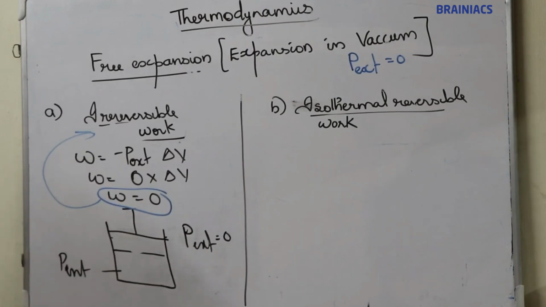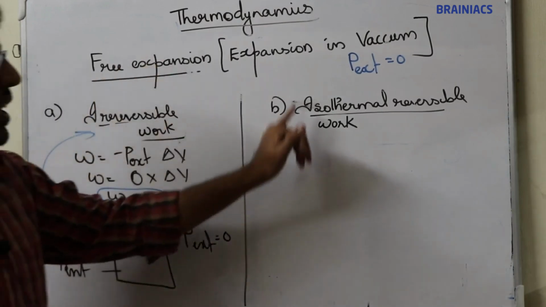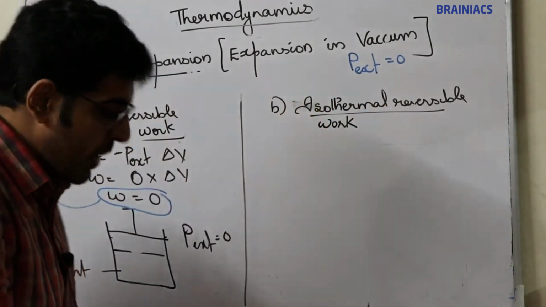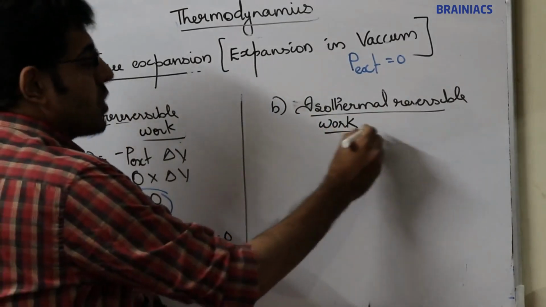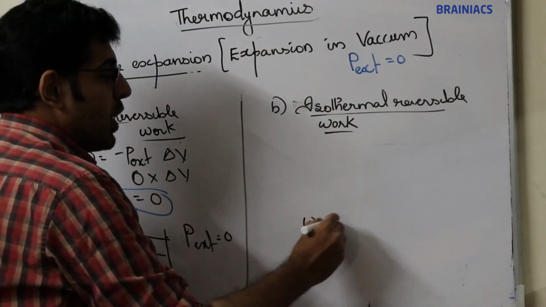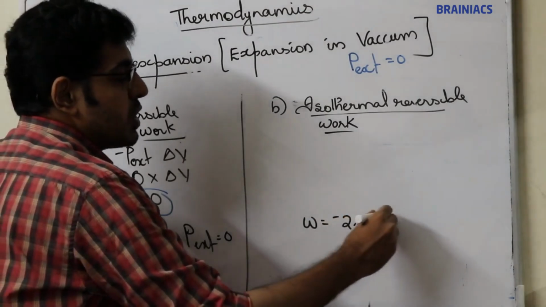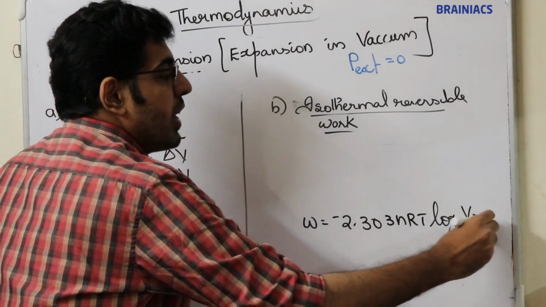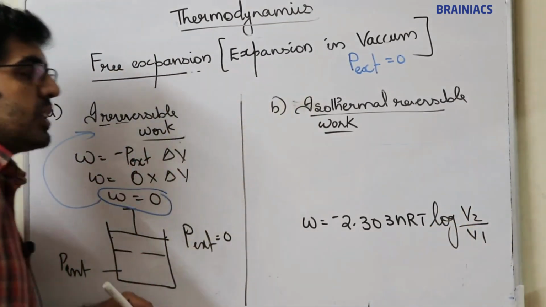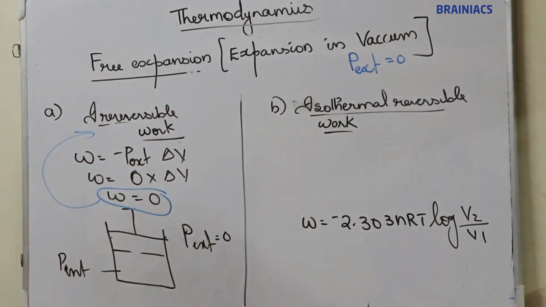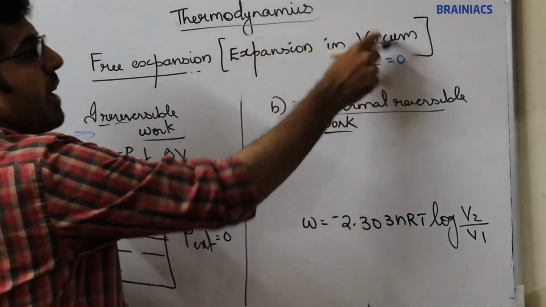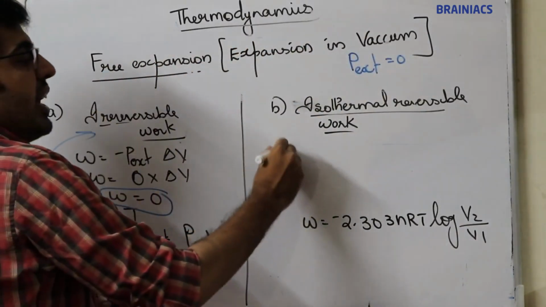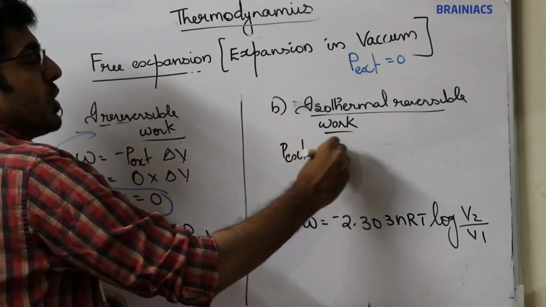I think it's clear. Now, free expansion in the case of isothermal reversible work. What is the equation to calculate isothermal reversible work? W is equal to minus 2.303 nRT log V2 by V1. This is the equation to calculate isothermal reversible work. Now, under free expansion condition, external pressure will be equal to 0.